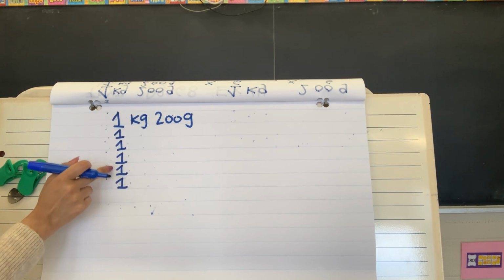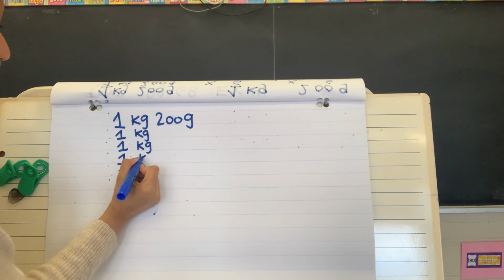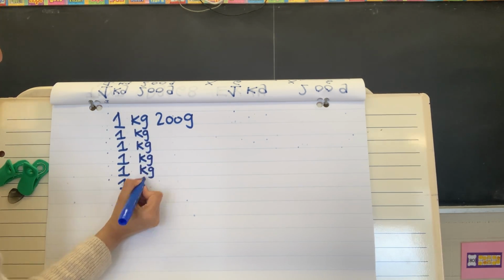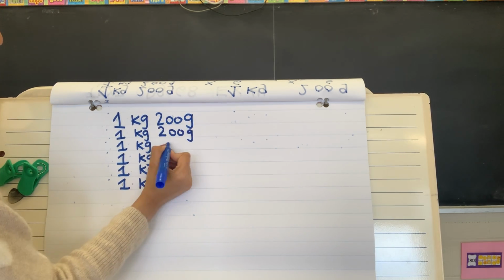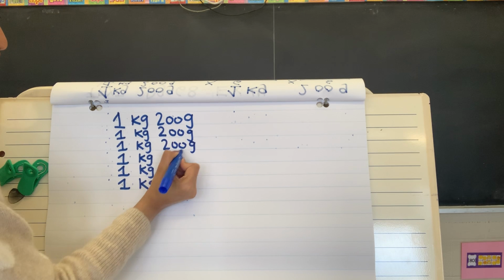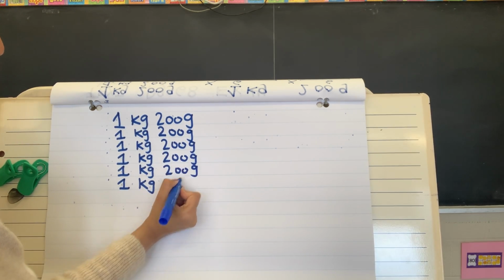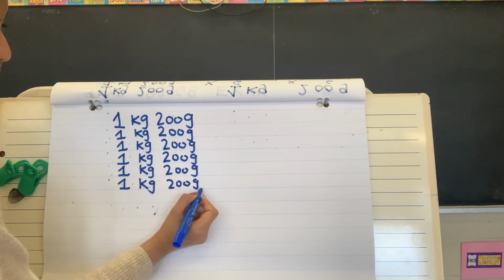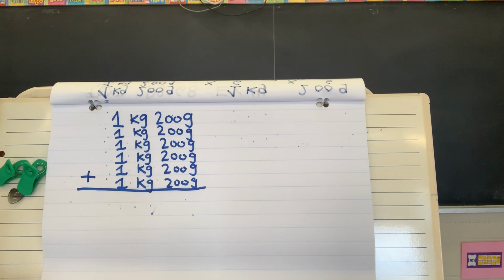1, 2, 3, 4, 5, 6. 200 grams, 200 grams. And I need to add.